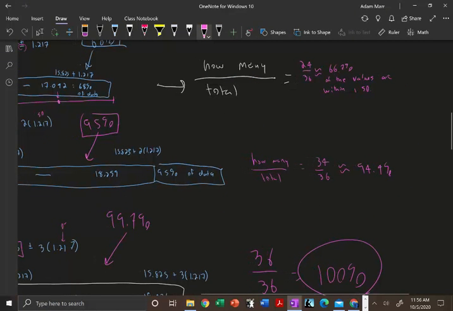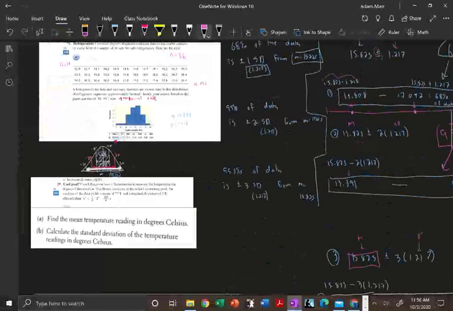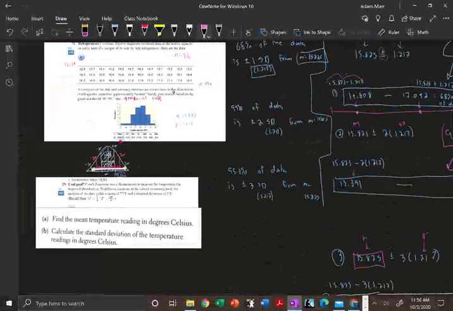Okay, so right here, we could just say that our final answer is, remember what they're asking, just make sure you do. Is this distribution of refrigerator capacities approximately normal?